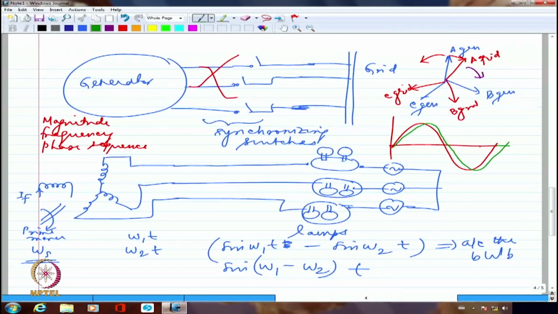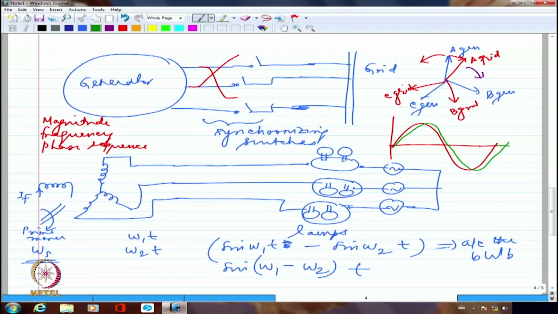But eventually at some point the phases will match, because I'm looking at omega 1 minus omega 2 times t. That is essentially going to match at some point down the line. When omega 1 minus omega 2 times t becomes 360 degrees, it will match. When it matches, your bulbs will all be dark. At that point, you have to close the switch.